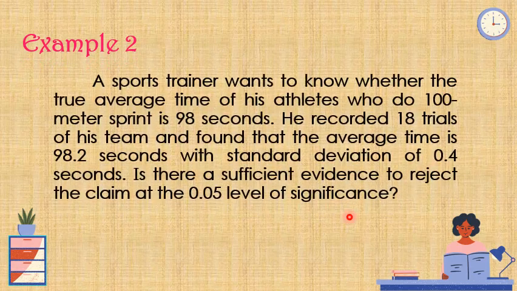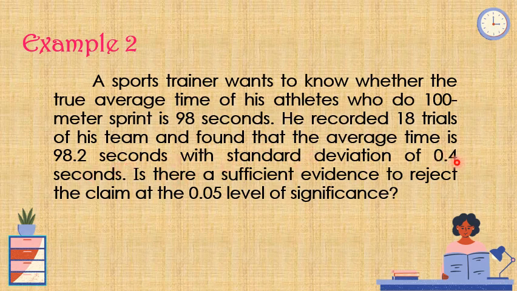Example number 2. A sports trainer wants to know whether the true average time of his athletes who do 100 meter sprint is 98 seconds. He recorded 18 trials of his team and found that the average time is 98.2 seconds.